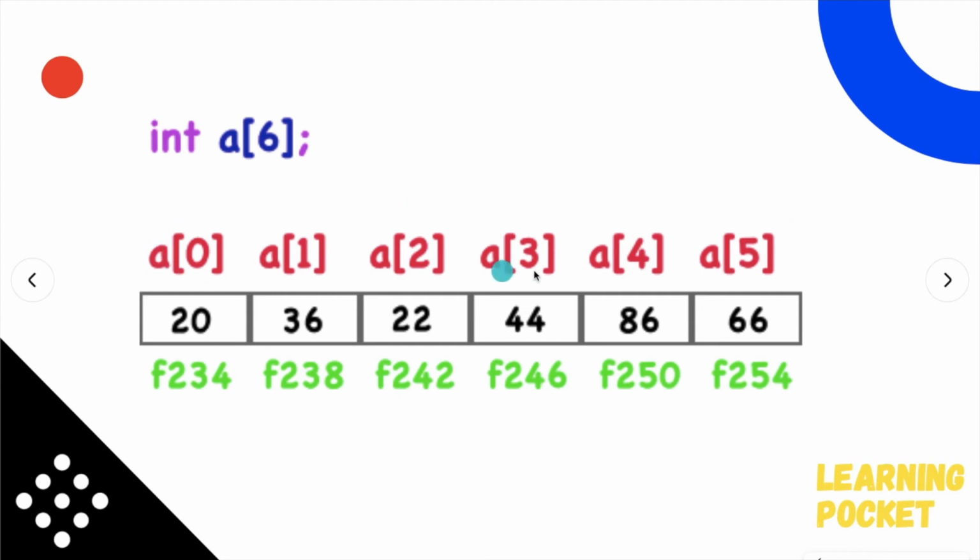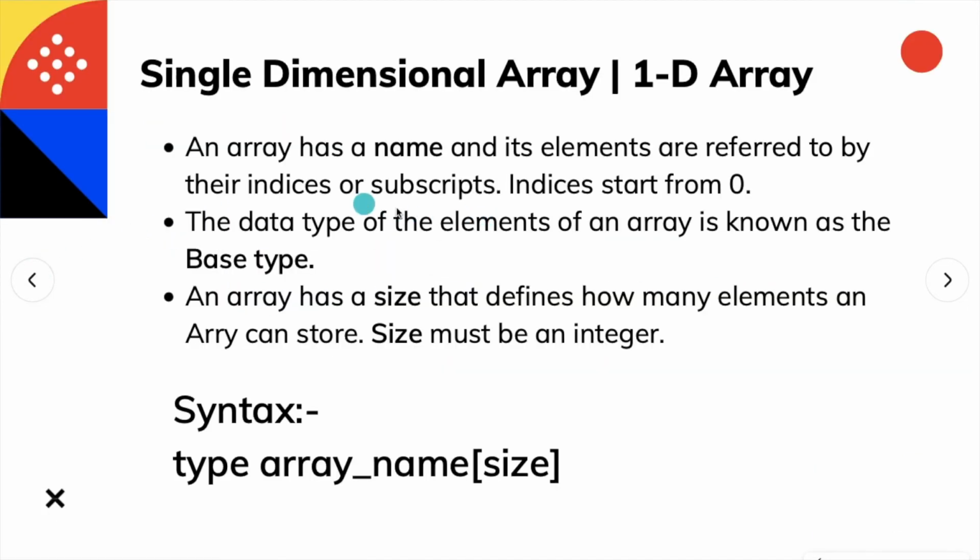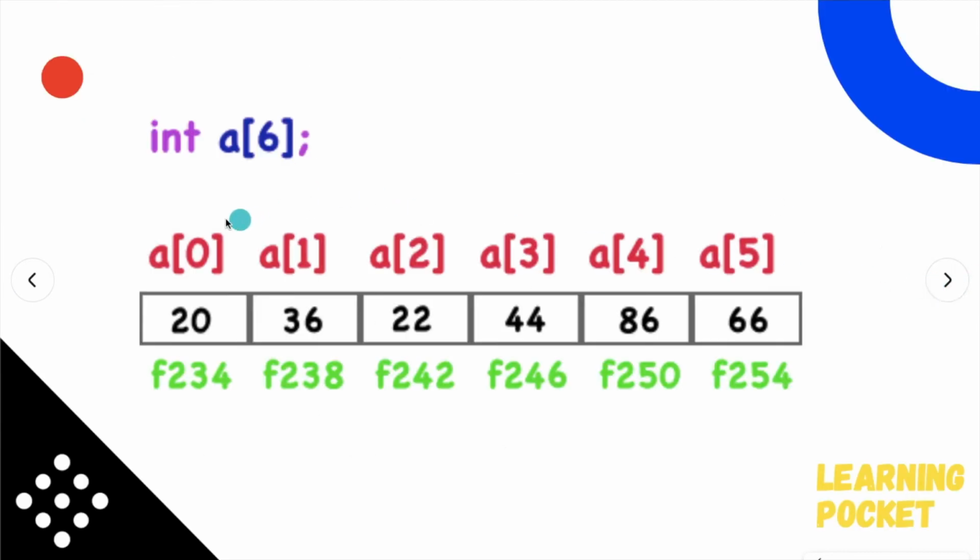All the indices are stored in a particular fashion, and in the second point itself we said indices always start from 0. So the very first index is 0. If you want to access the very first element, you need to specify a0. Students may get confused that we have size 6, though the maximum index value is 5. Why is it so?